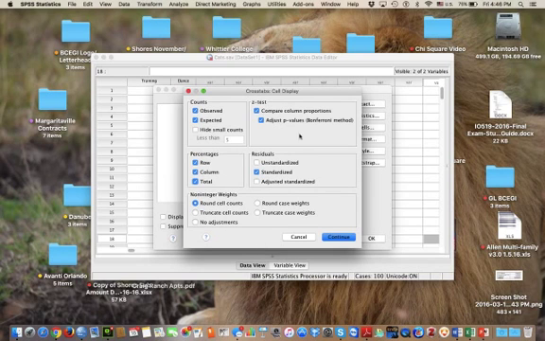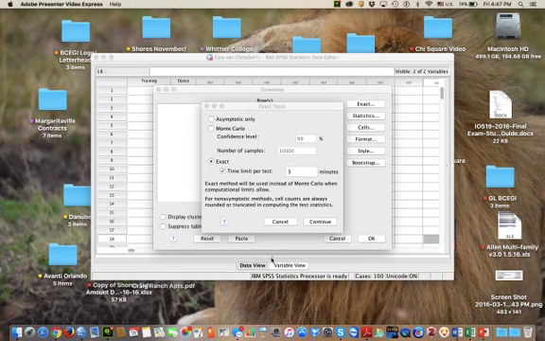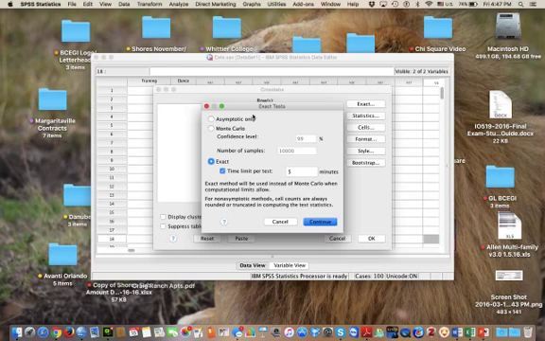The next entry will be Cells, crosstab cells, and as you can see, observed, expected, rows, columns, round cell counts. I'm saving time, so I know your time is valuable, so I won't bore you with doing it. I'll continue. And as you can see, the next item here is exact tests.